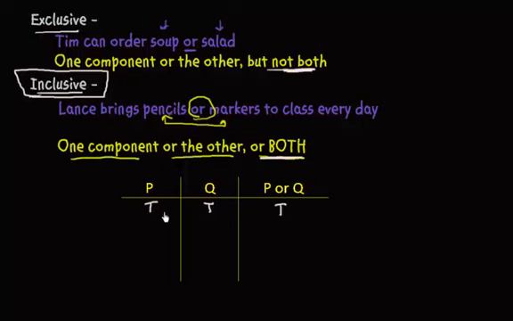And because we have both, it's definitely true. Now if you have P true but Q false, it still makes a true OR statement because one of them is true. And then P could be false, Q could be true, which makes it true. Now the only time an OR statement is false is when both components are false, and that will make the overall OR statement false.